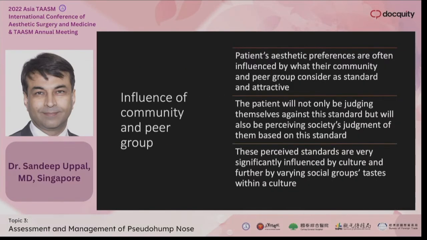The patient's preferences are often influenced by what their community and peer group consider as standard and attractive. The patient will not only be judging themselves against this standard, but will also be perceiving society's judgment of them based on the standard. These perceived standards are very significantly influenced by culture and further by varying social groups' tastes within a culture.